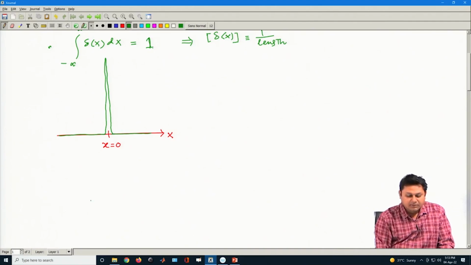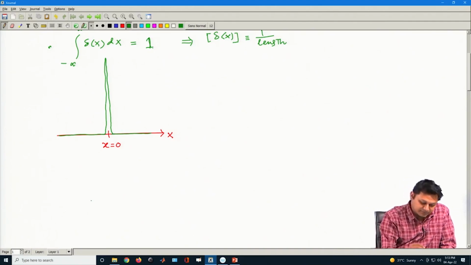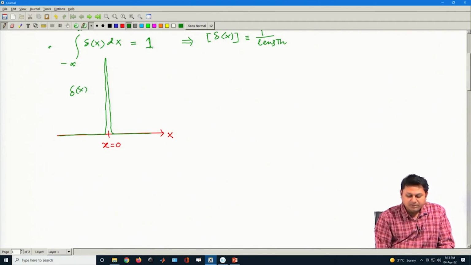This is roughly the structure of the delta function. In principle it should go to infinity. This is the delta function that we are talking about, and this should be the distribution.